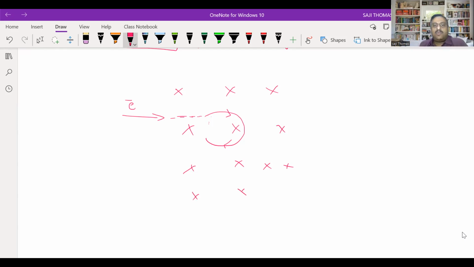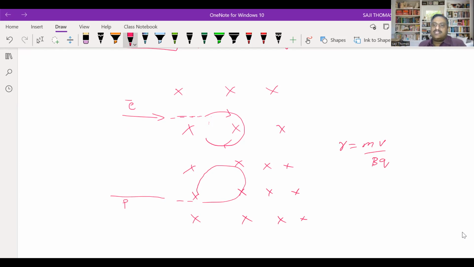Now, suppose a proton is entering. This is a proton. What will happen to the direction? The force will be in what direction? Positive charge moves this way, magnetic field into the plane, force will be upward. So it will move in this direction. And you know, r equals mv by Bq.